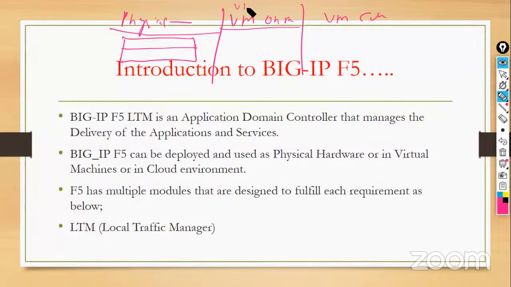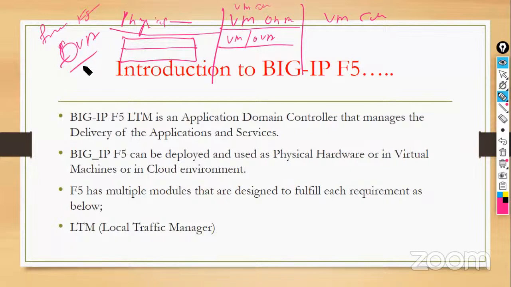If you are using VMware cluster, you can deploy the virtual machine with the OVA file. After that you can configure it. In this case, the OVA image you can download free from the F5 website, right?